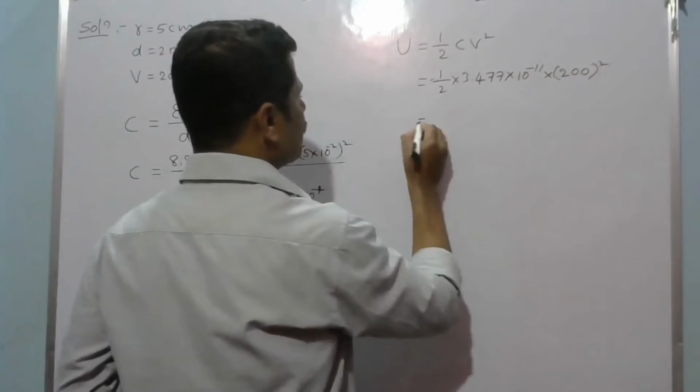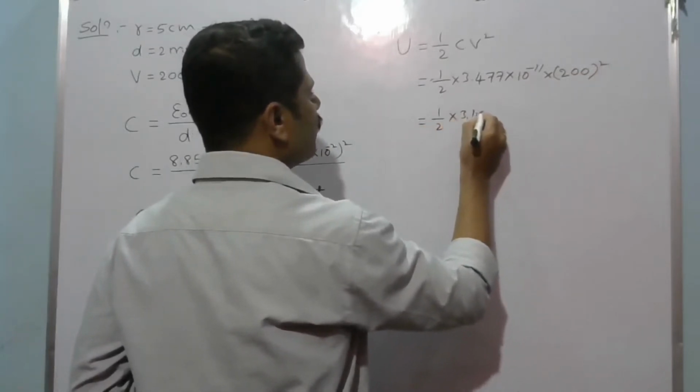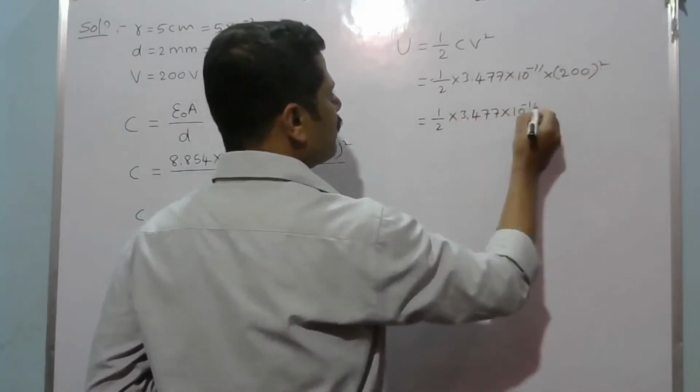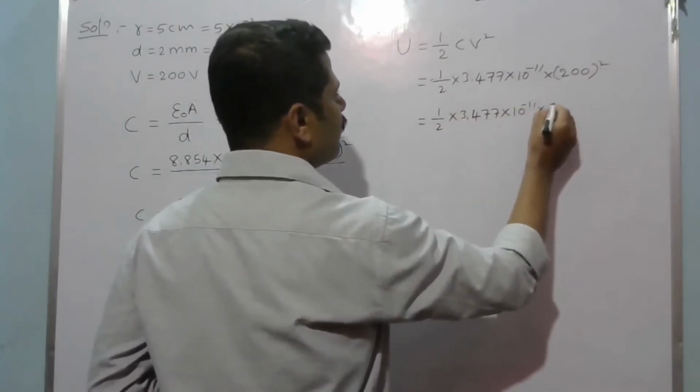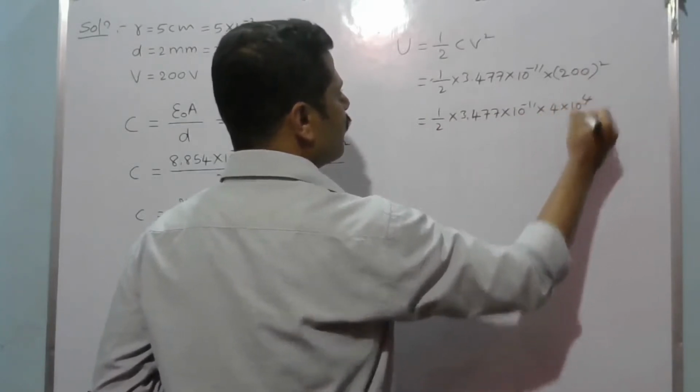So now this is equals to 1 divided by 2 into 3.477 into 10 raised to minus 11, and 200 square is nothing but 4 into 10 to the power of 4 we can write.